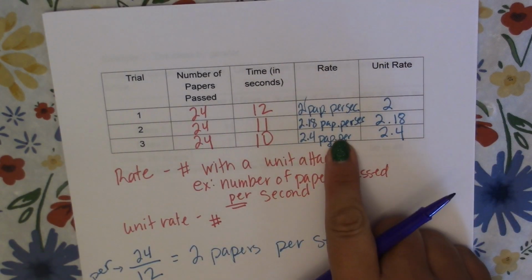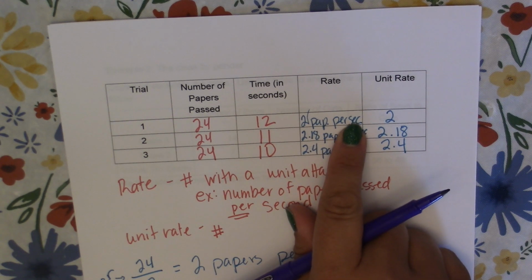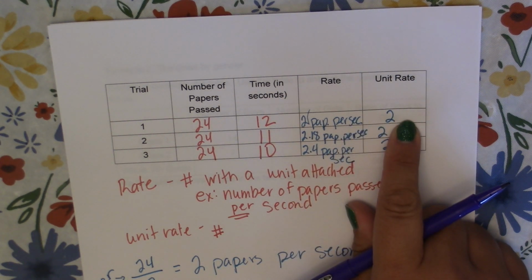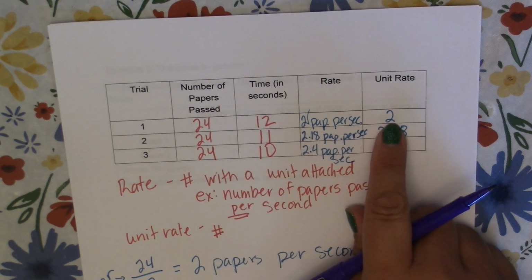We could write our rate as 24 papers to 12 seconds, but we can't write the unit rate as 24 papers to 12 seconds. We have to simplify that down to how many papers it would be per 1 second.